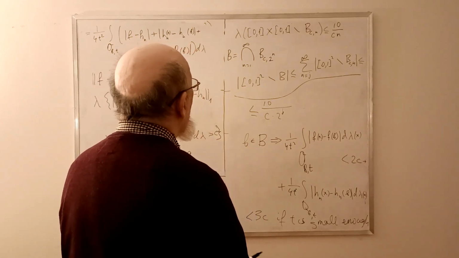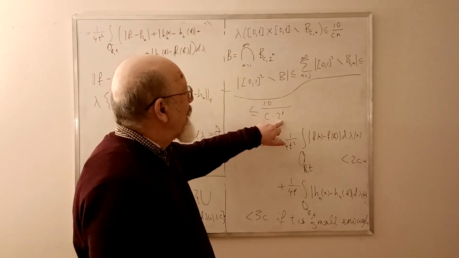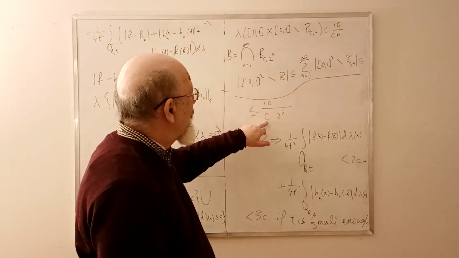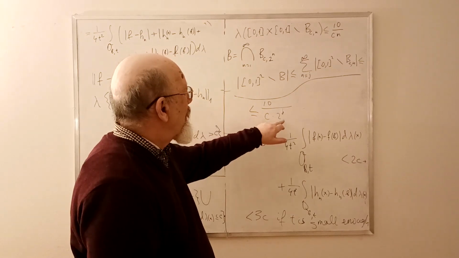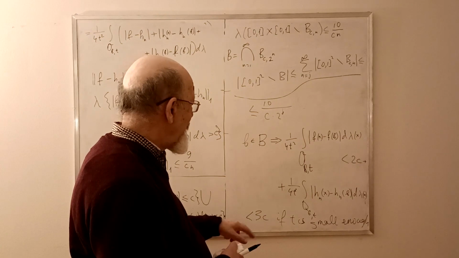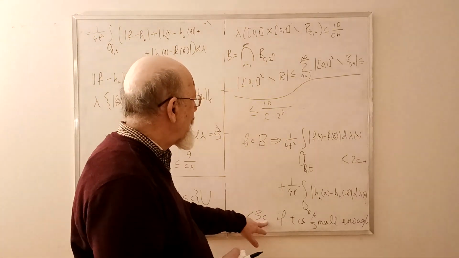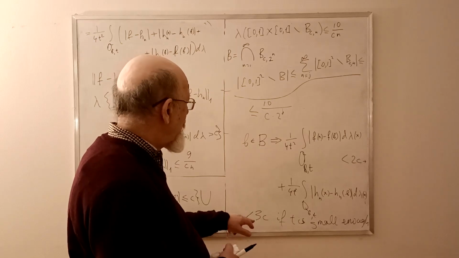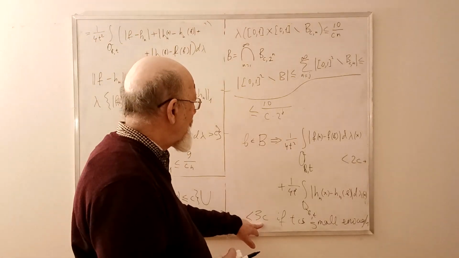Now we can take j goes to infinity. For first we keep C constant, j goes to infinity, and have that it's less than 3C, and then we take C also goes to 0.